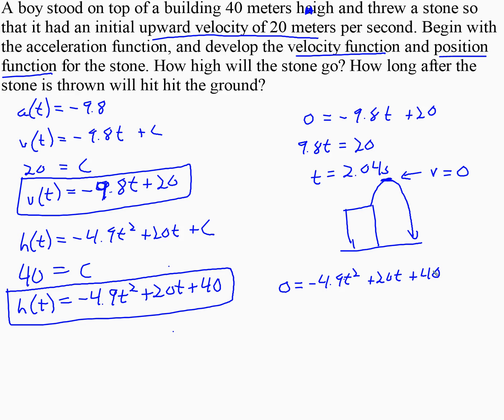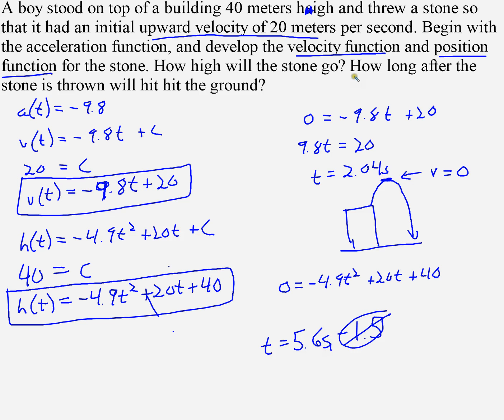If you work through that with the quadratic formula, you're going to get two answers, about 5.6 and negative 1.4 or 1.5. Obviously, we're not going to have a negative time. So how long after the stone is thrown will it hit the ground? Well, it'll take 5.6 seconds.